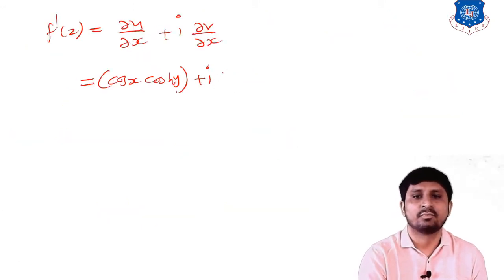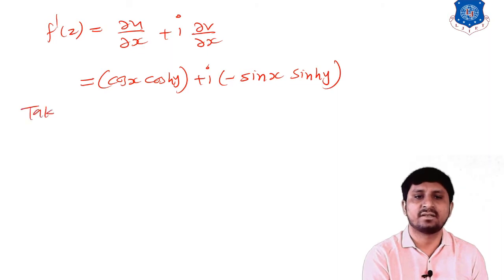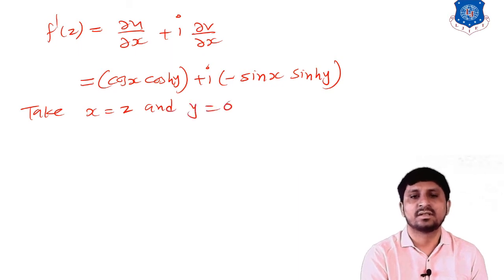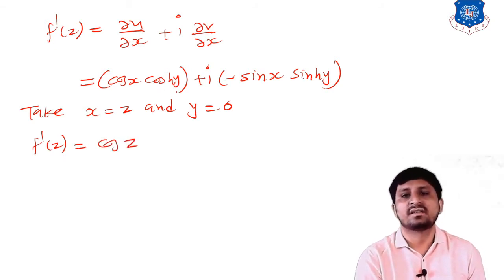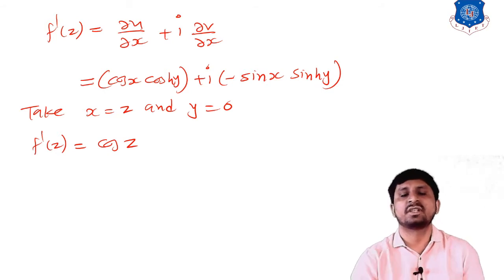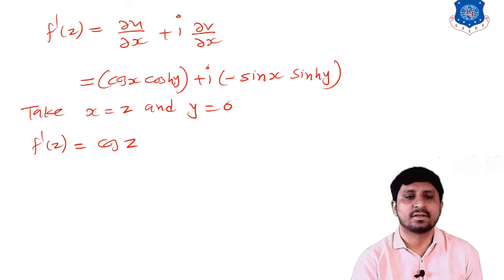Let's take x equal to z and y equal to 0. So what is my answer? F dash z is equal to cos z, because cos hyperbolic 0 is 1 and sin hyperbolic 0 is 0. So clearly f dash z is equal to cos z.